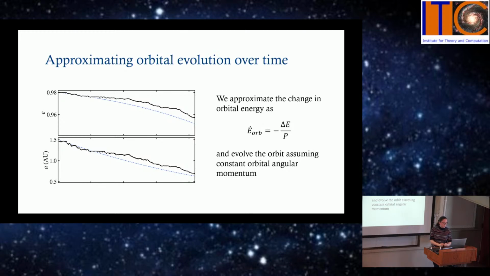When we evolve the orbit, assuming this rate of change for energy and constant orbital angular momentum, this is what you see, with the dashed blue compared with an actual simulation, which is the black. So it roughly follows the behavior pretty well. So this is what we can put into stellar evolution codes. We use MESA and couple the heating rate with the orbital evolution, so we evolve all of that together.